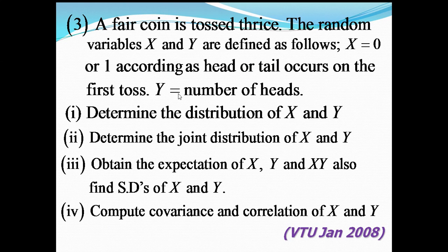So here in the previous question, joint distribution was given, whereas here we need to find out the joint distribution of x and y by using this condition. So the condition is given as x is equal to 0 and 1 according to head or tail when a fair coin is tossed thrice, and y represents number of heads. So let us see the solution now.